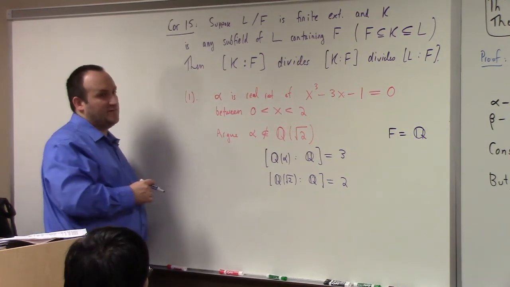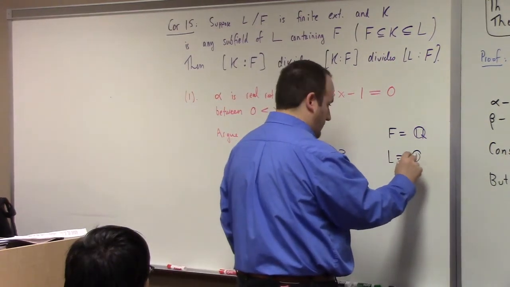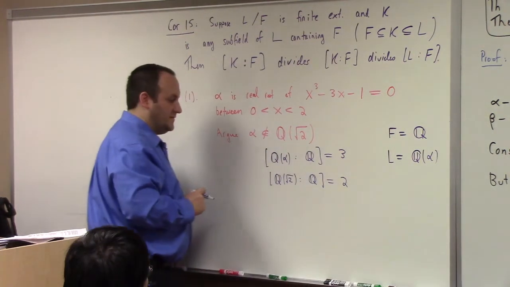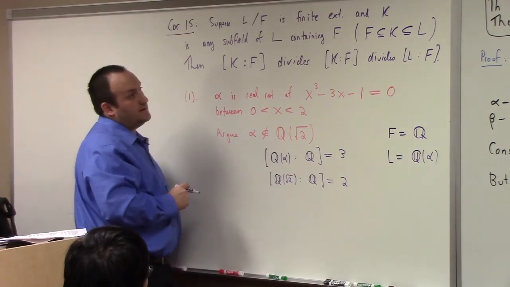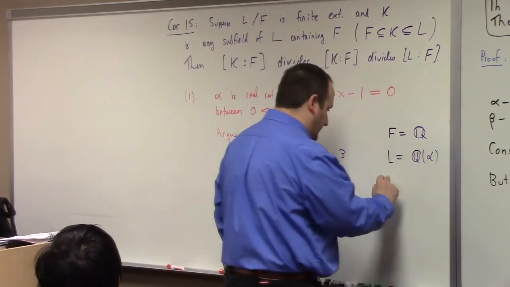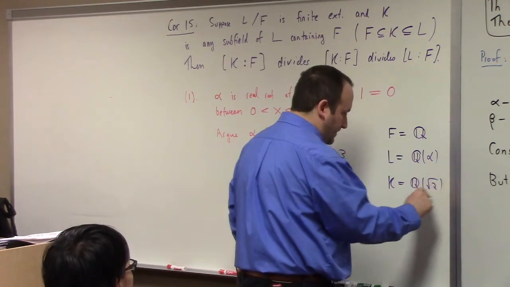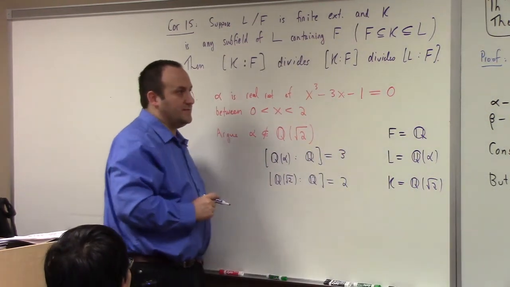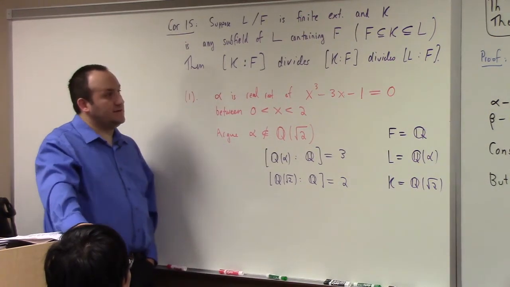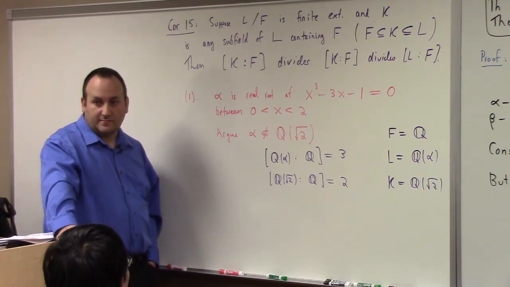So that's playing the role of L. And the point is that K, which we're thinking of as Q adjoin square root of 2, cannot play the role that's set forth in corollary 15, because if it did, it would imply that 2 divides 3.